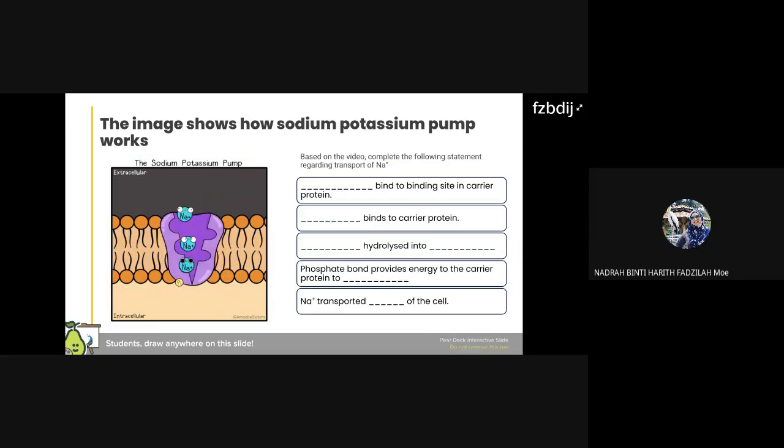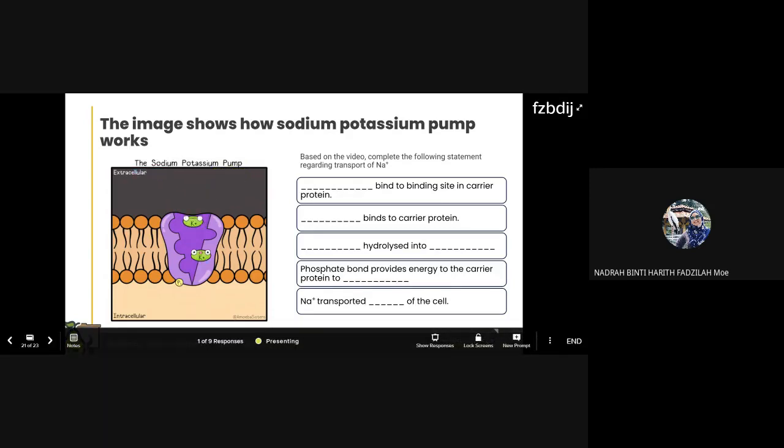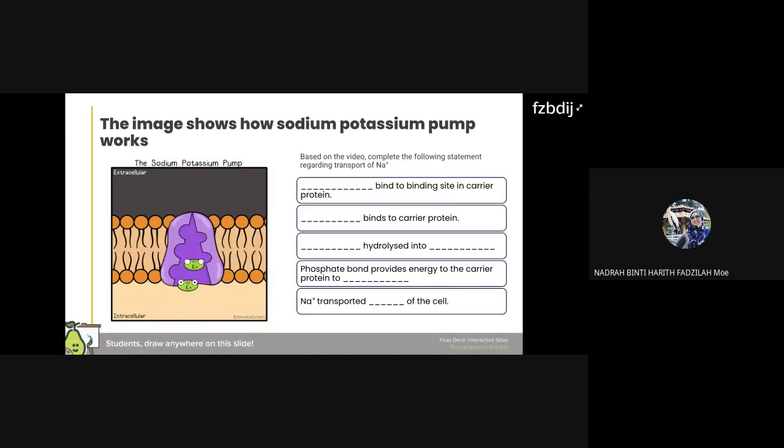Okay, based on this image, can you complete the following statement for the transport of sodium ion sahaja? Ada berapa biji sodium ion transported and what happens after that? Okay, cuba tengok pada GIF ni, image ni.